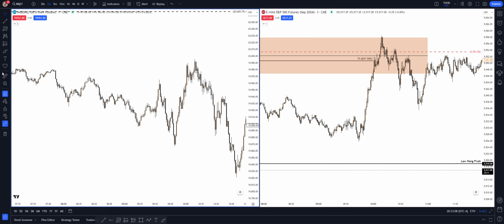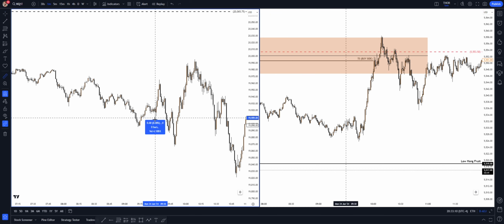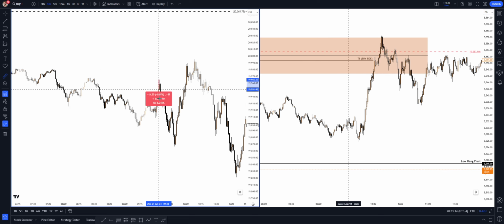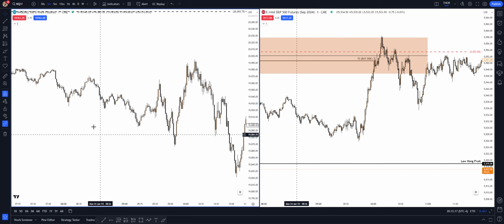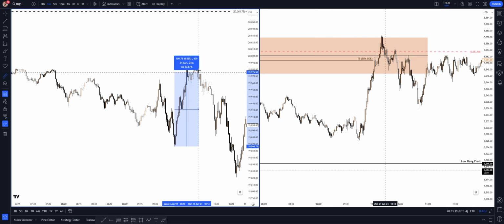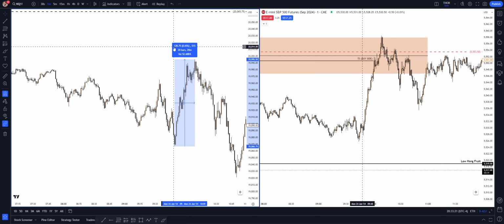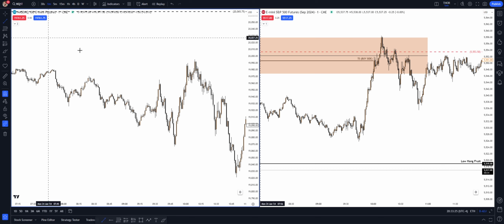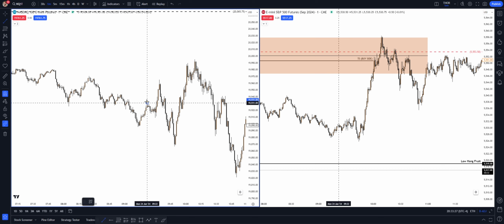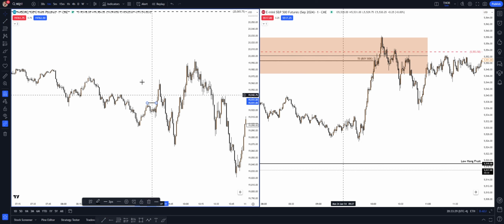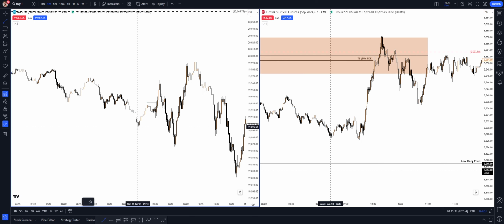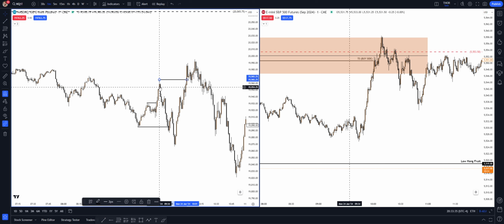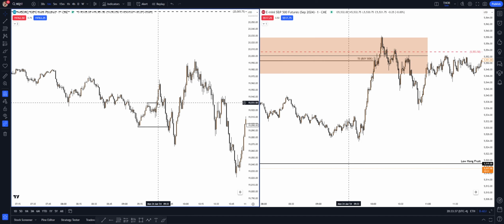Nasdaq was moving, so here it moved initially 56 points, then came down 100 points, and then moved higher one more time 128 points. This is dangerous. This is basically seek and destroy, okay? Because what happens here is price goes for the buy side, then comes for the sell side, then goes for the buy side again. Okay, this is a seek and destroy profile.